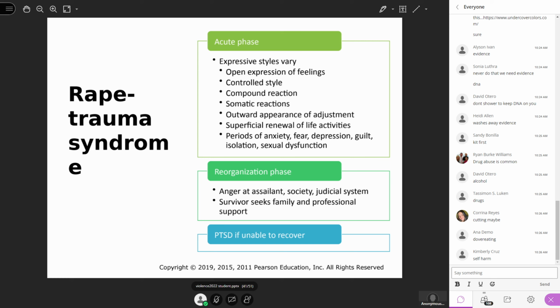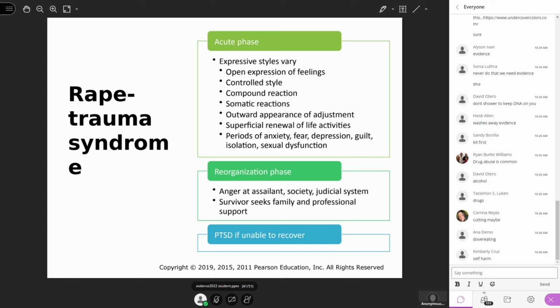All right. So people who have been raped may develop a rape trauma syndrome, right? During the acute phase, acute meaning that it's the immediate time after that it has occurred, they might start to develop some feelings, somatic reactions, periods of anxiety, depression, guilt, those things that we talked about, the different clinical manifestations that they will demonstrate.